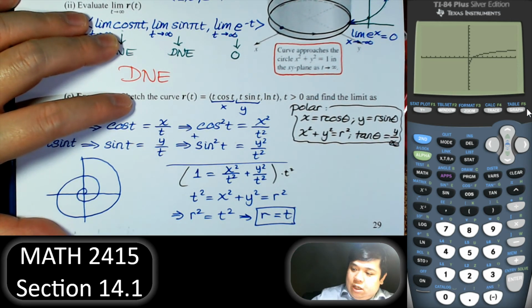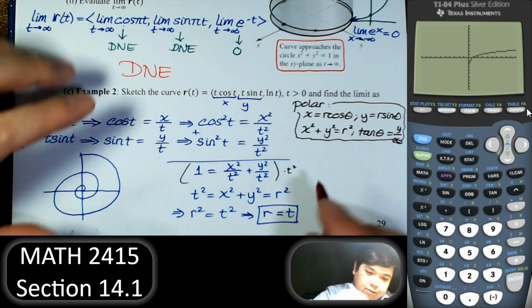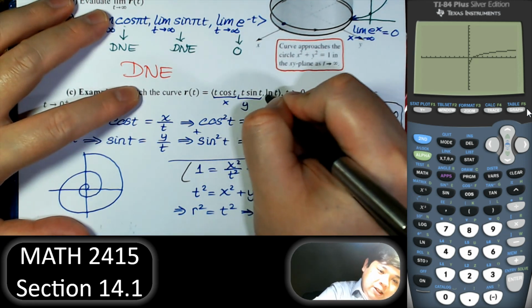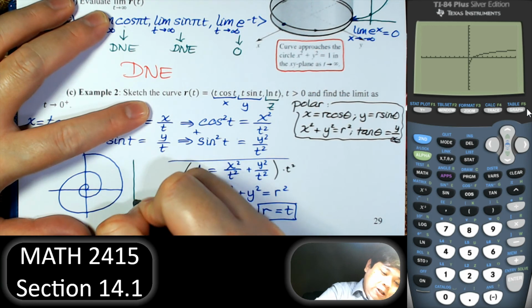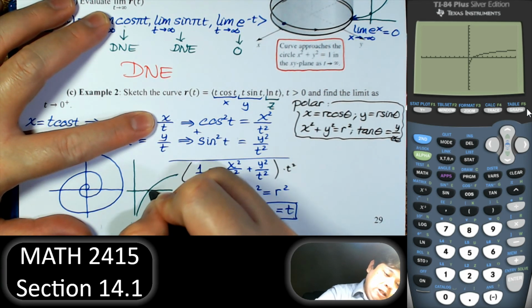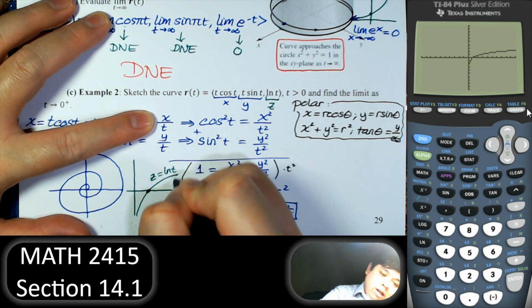Okay, so let's see. z equal to ln of t looks like this.